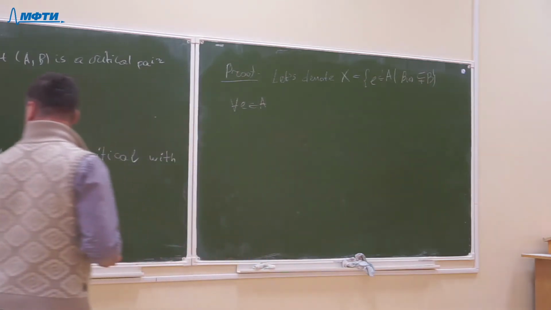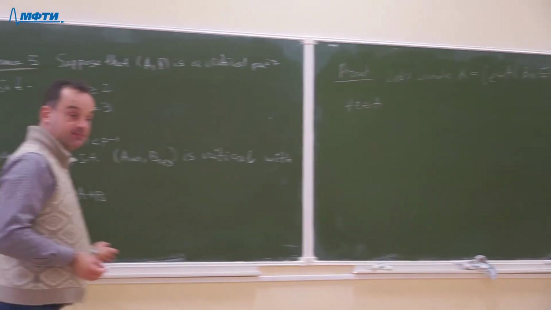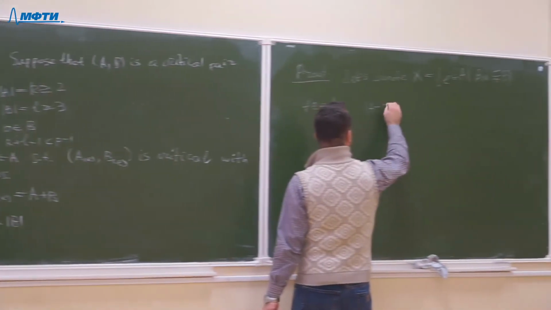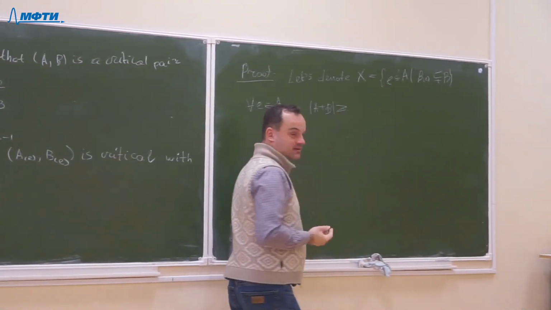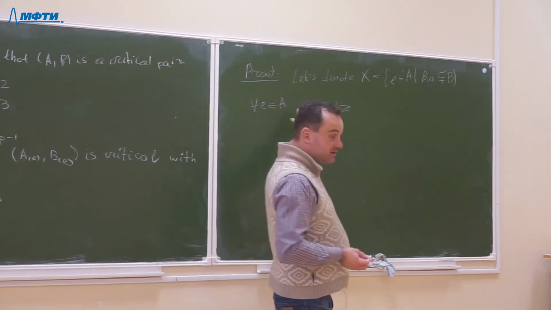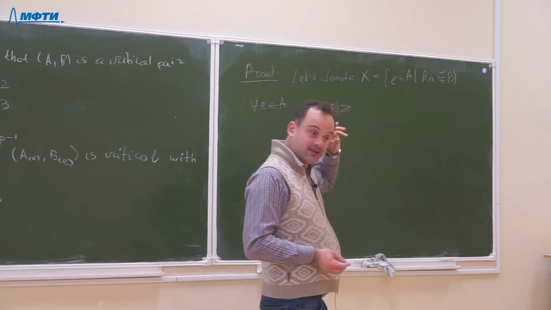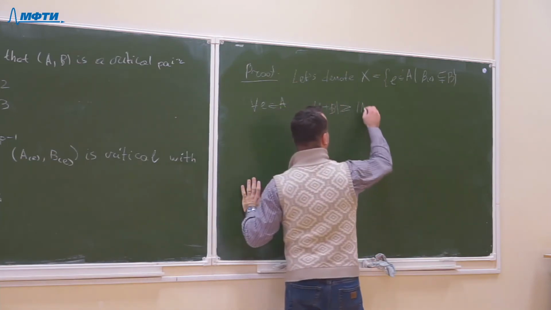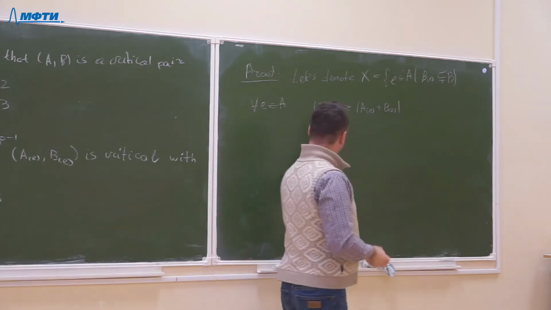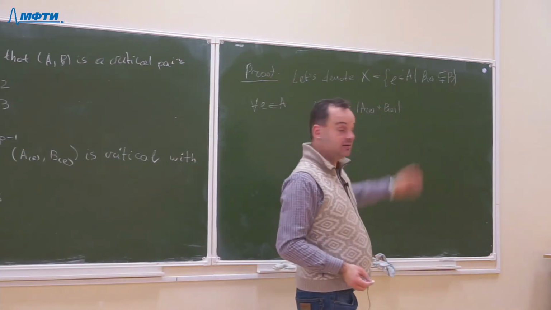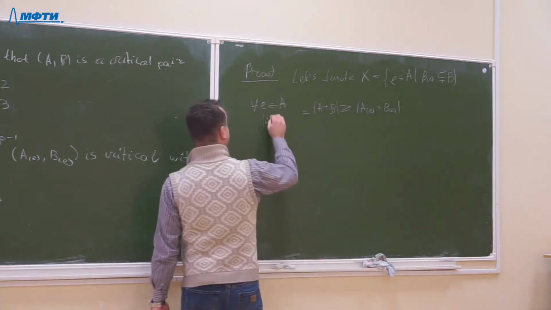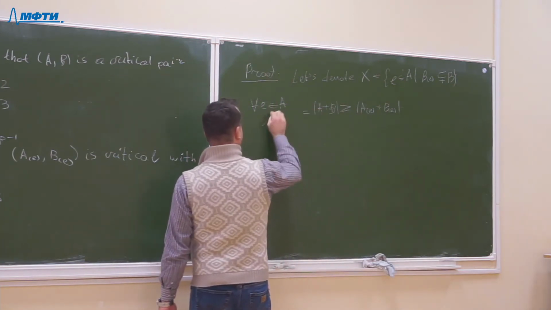We have to show that AE plus B is equal to A plus B. Well, AE plus B is at least in cardinality, by properties of the E transform, a subset of A plus B, right? So the cardinality of A plus B is greater or equal than that of AE plus B, right? But A plus B is K plus L minus 1.